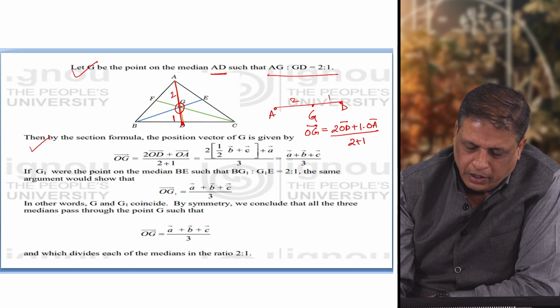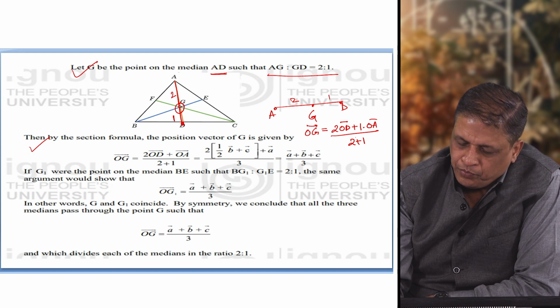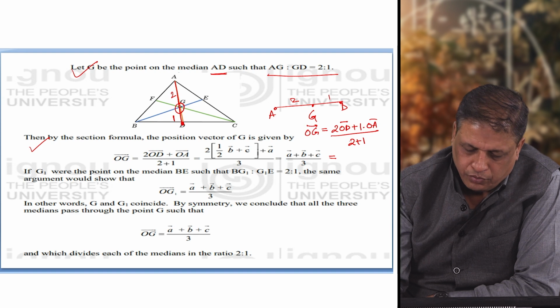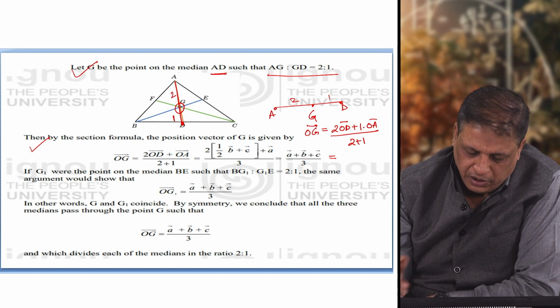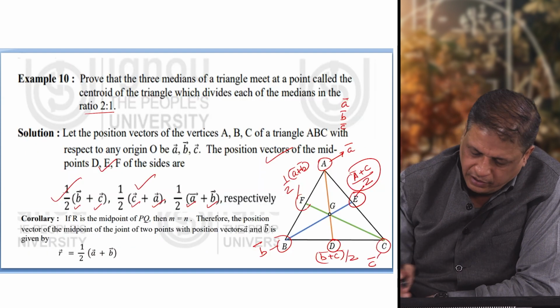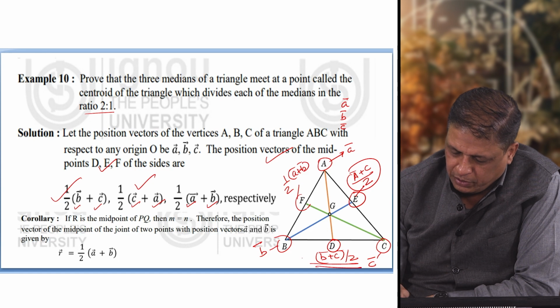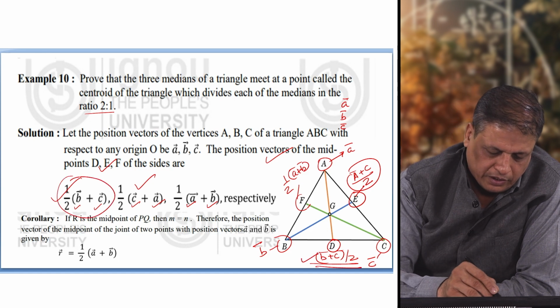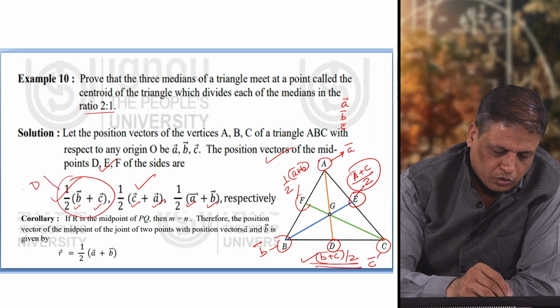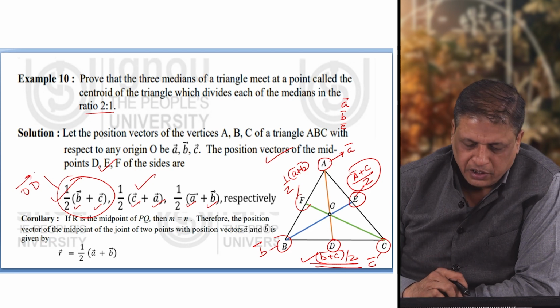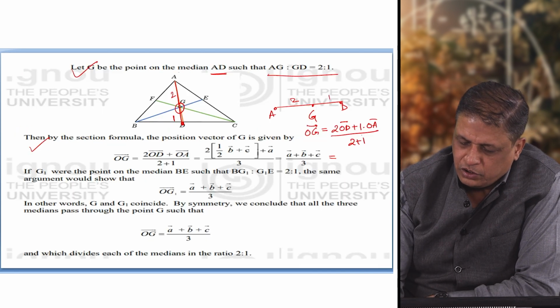We had already derived that vector OD is equal to half of (B plus C). This was the vector for point D.